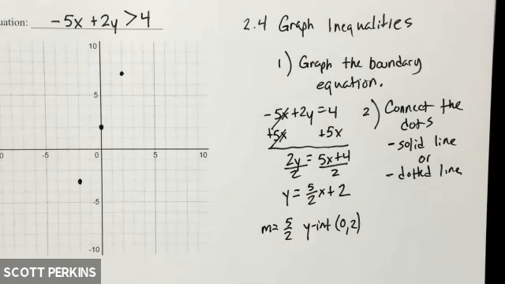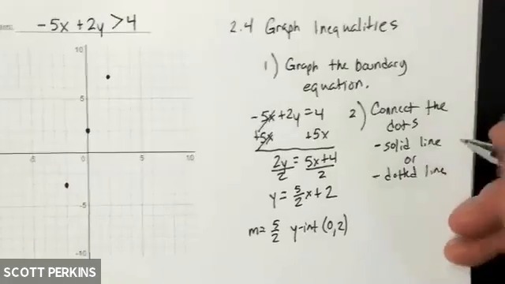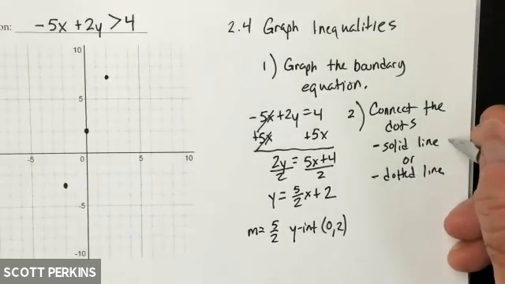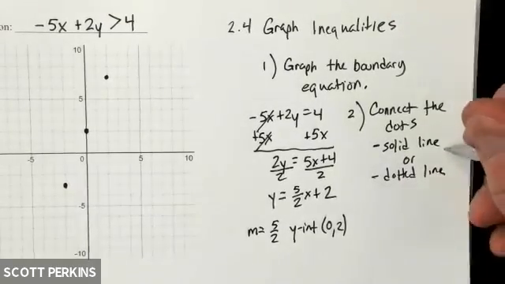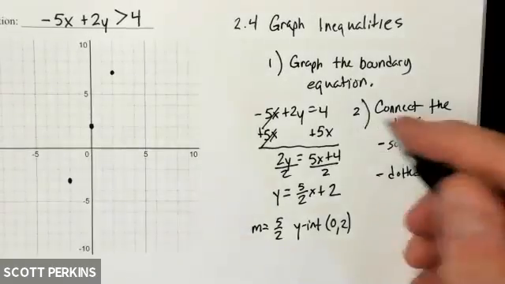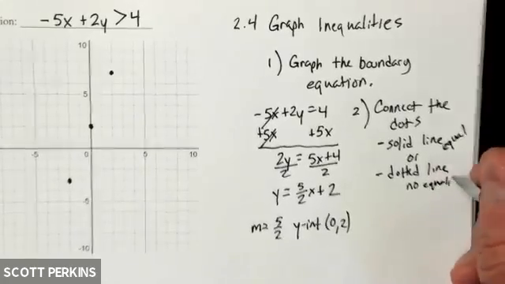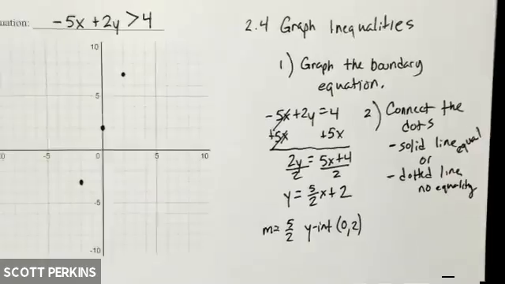There's no equals. Same thing. A solid line is like a filled-in circle. There's equal. The dotted line means that there's no equality. Same sort of thing.